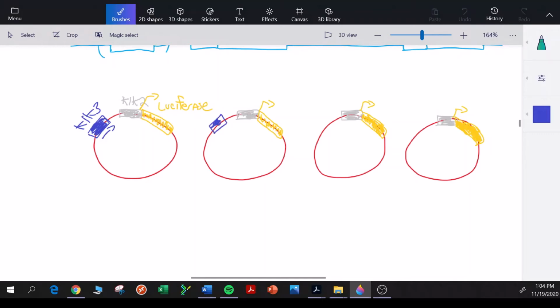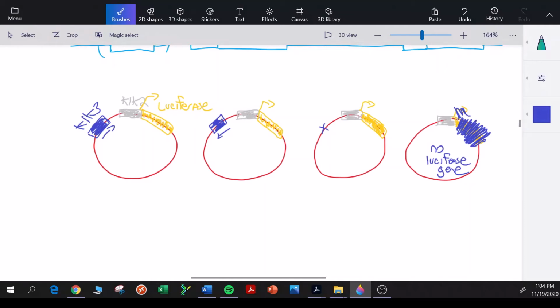In one orientation, they checked it in the other orientation, and then they had one with no KLK3 enhancer, and they also had a plasmid with no enhancer and no luciferase coding sequence.